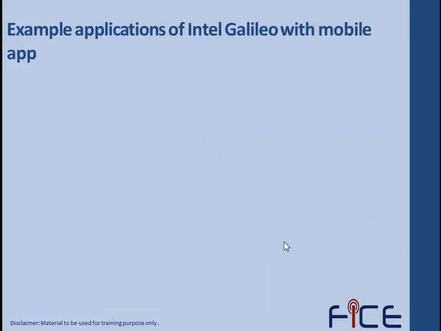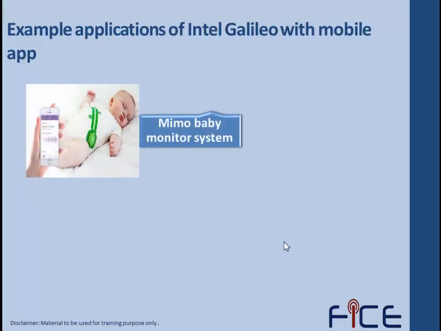If I consider some mobile applications with respect to Intel Galileo in healthcare, I can have an example of the Mimo baby monitoring system. This is a smart sleepwear for baby monitoring.